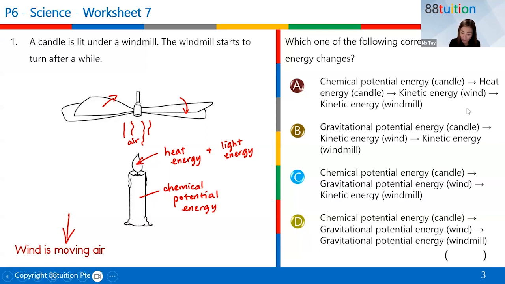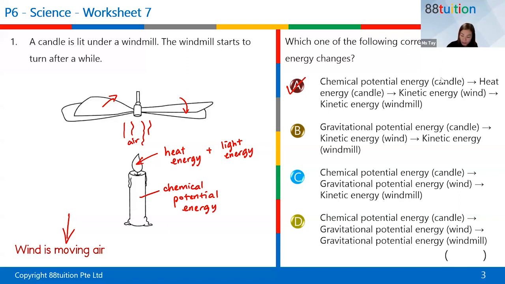So therefore, our answer is A. And actually, when I look at your answer, only one person got it wrong out of all the students who have done this. 13 minus 2, 11 of you did this. Now, I have one question.